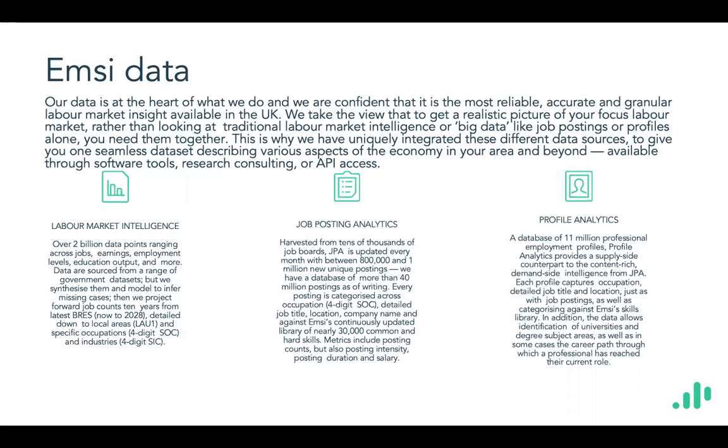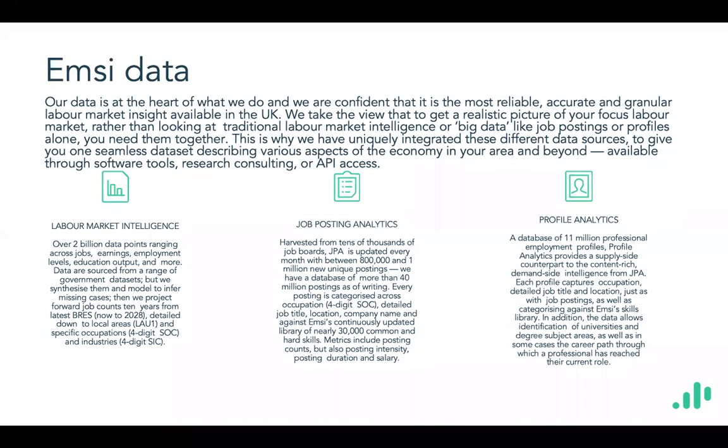I'm not going to read through this slide. The slide is here for your reference, but when we talk about labour market data, I think it's important to be clear that we're understanding the same thing. There are three key areas of data that MZ work with.